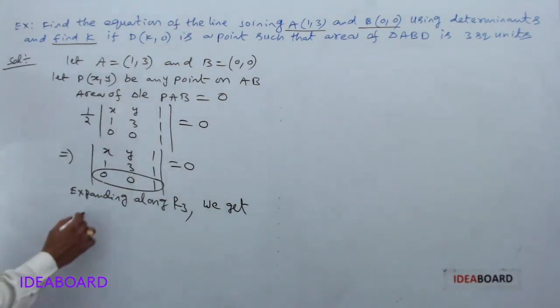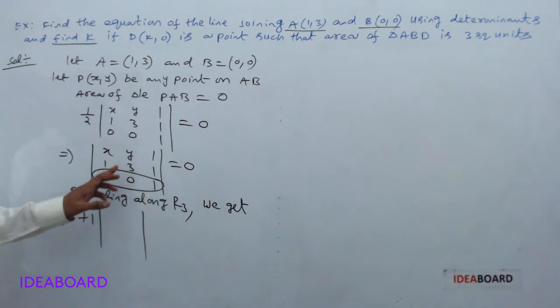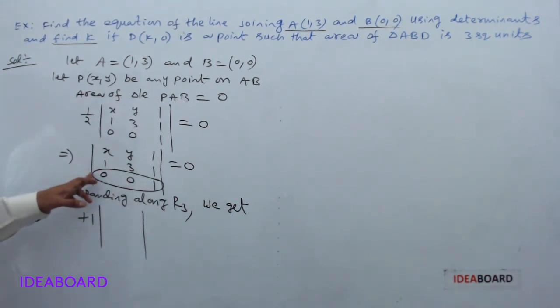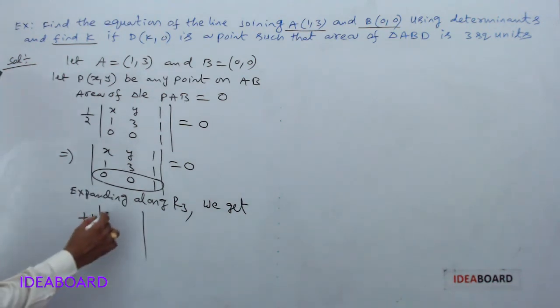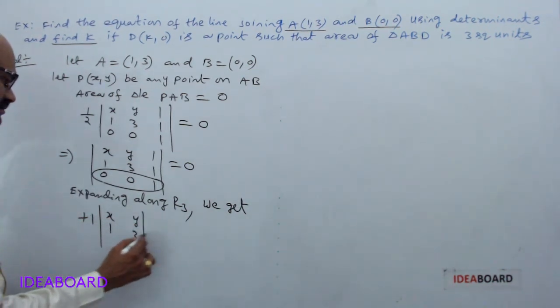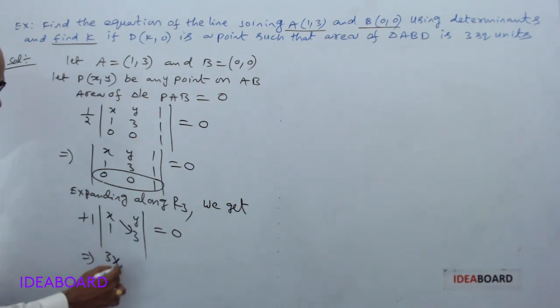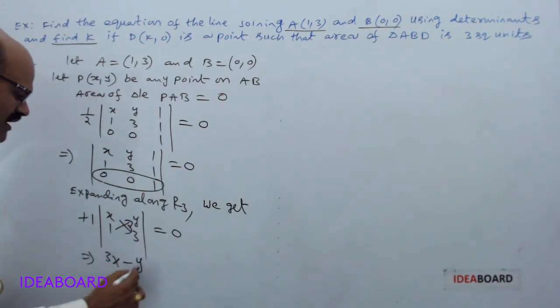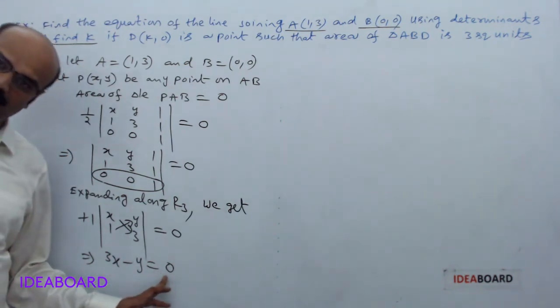So plus 1 into determinant of, 1 lies in third row and third column, so determinant of x, y, 1, 3 equal to 0. So this can be written as 3x minus y equal to 0. So this is the required equation of the line.